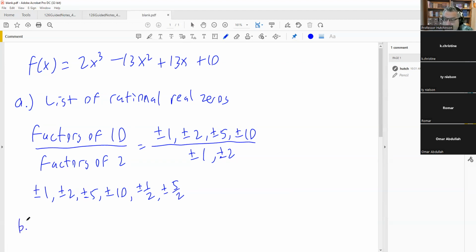Okay. Part B, it says use synthetic division to find the zeros.